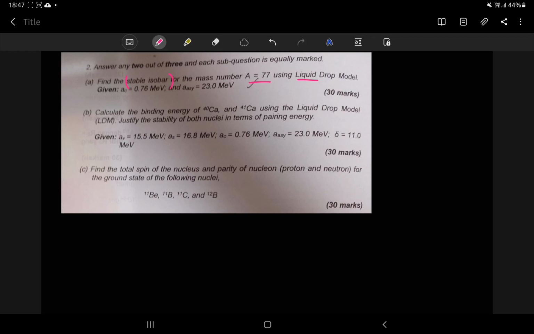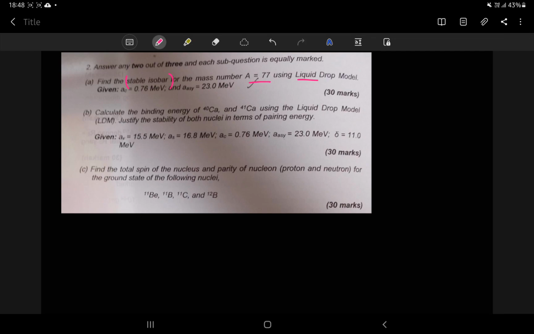But in this case we need to find the stable isobar. You need to know the function of the liquid drop model: it is used to estimate the binding energy of the nucleus. Binding energy is the amount of energy needed to bind the proton and neutron together inside the nucleus.